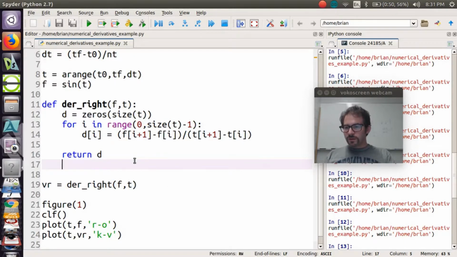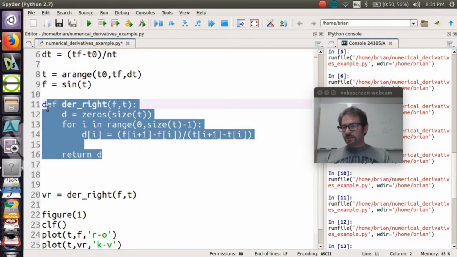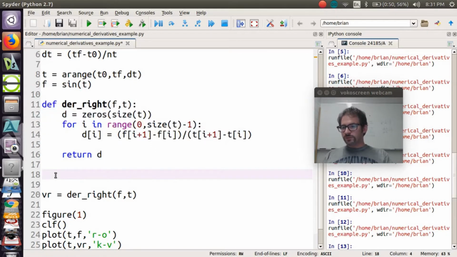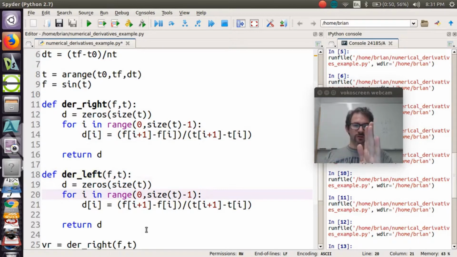Get that plot out of the way. Anytime I'm writing a function that's basically the same with a few changes, I'm going to use copy and paste, because my time is too valuable for typing, right? I'm going to change this right to left. It's also less error prone if you just copy and paste. So instead of going from 0 all the way from the left endpoint to 1 short of the right, I'm going to go from not the 0th but the first point all the way to the right.